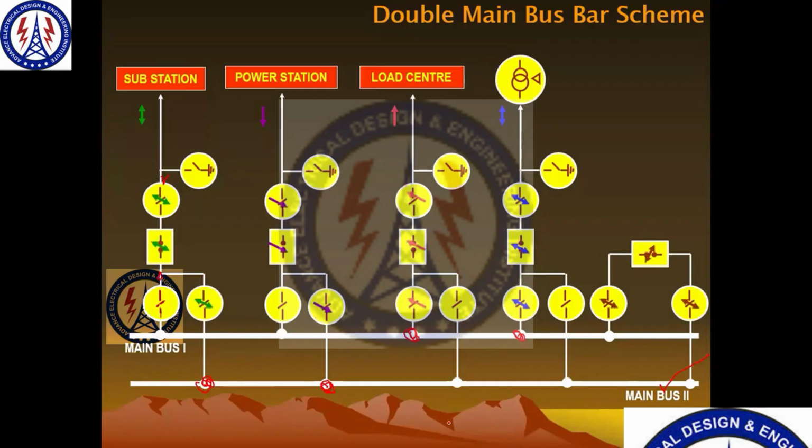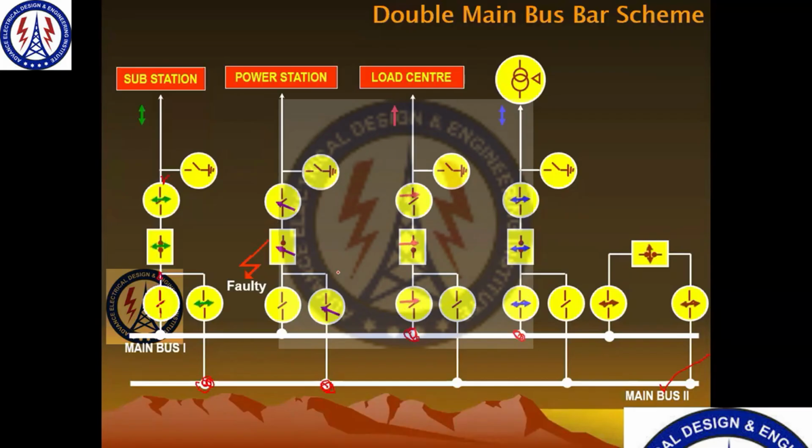These two are connected on bus 2, these two are connected on bus 1, and this is interconnected. Now suppose a fault occurs on this feeder.